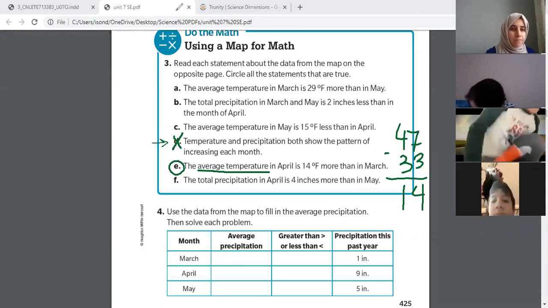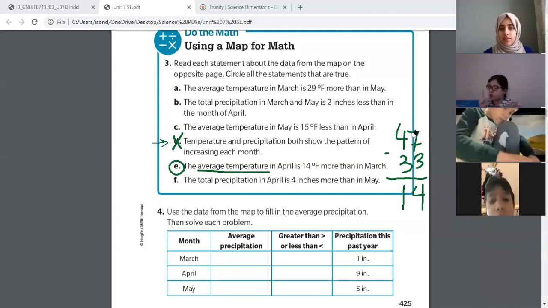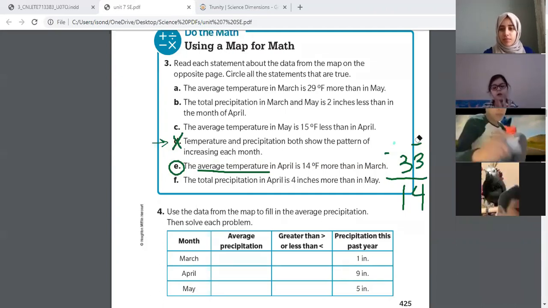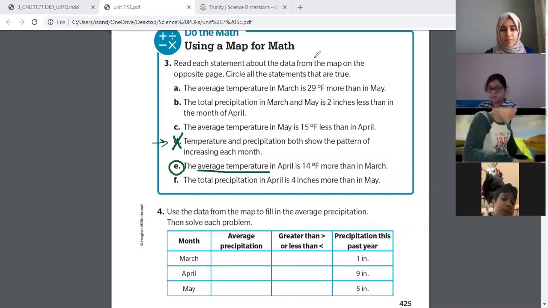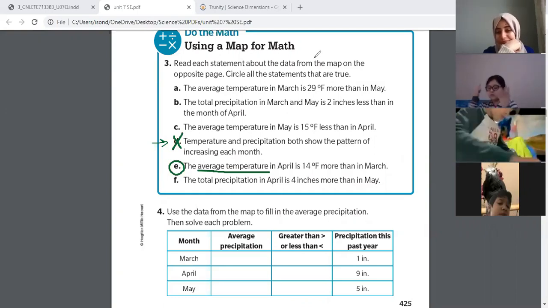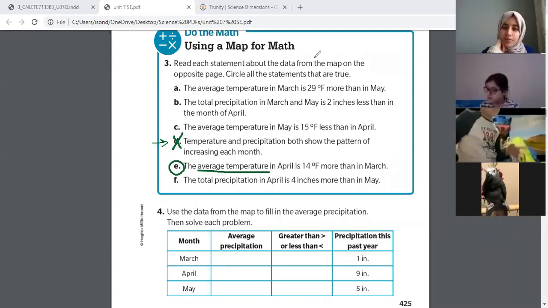Yamin, are you ready now? Please read F, the last one. The total precipitation.